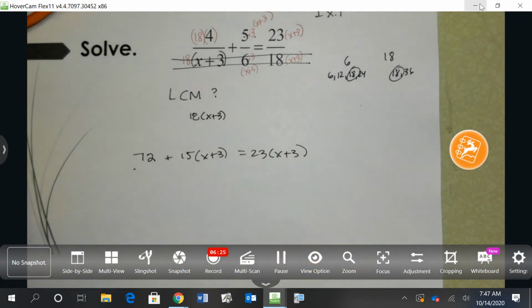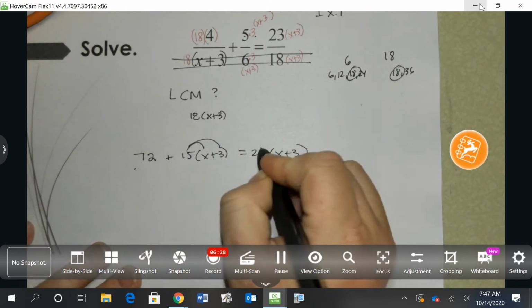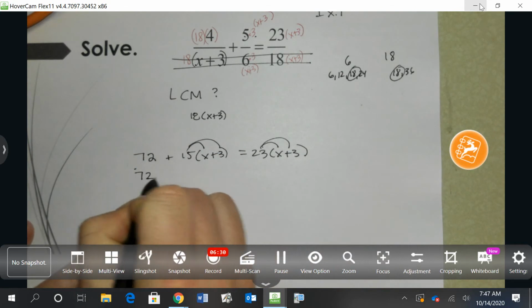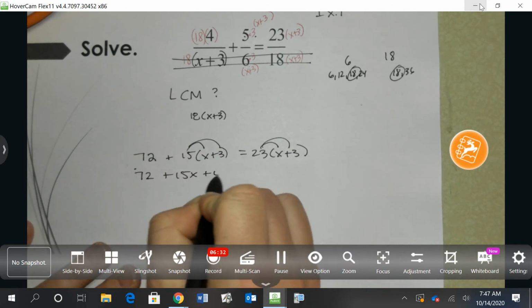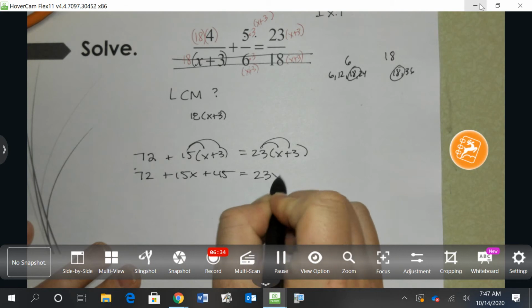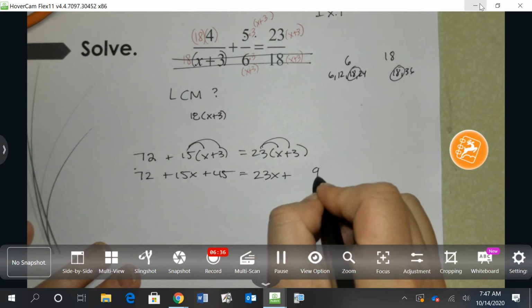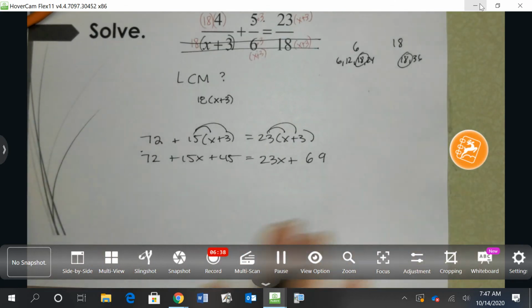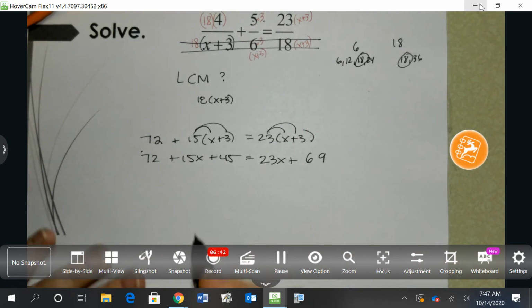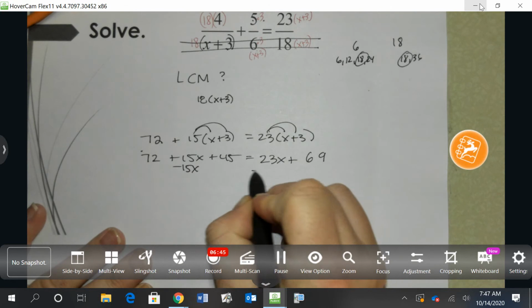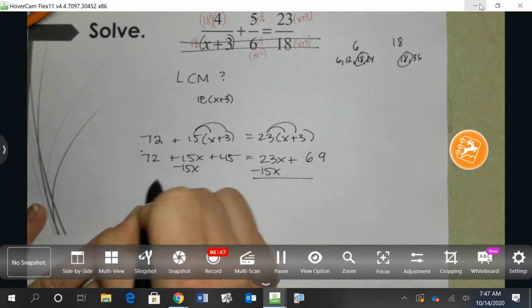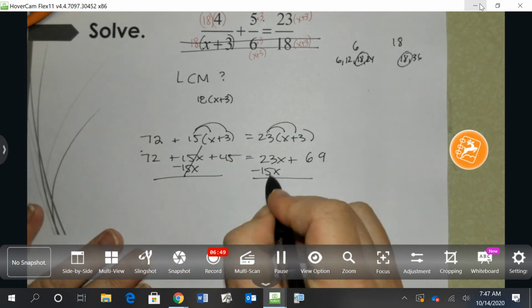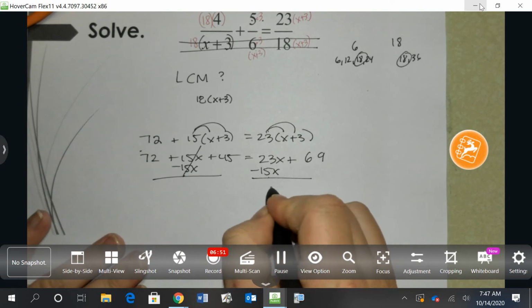We're going to start by distributing: 72 plus 15x plus 45 equals 23x plus 9 plus 69. I'm going to move the x's to one side and the constants to the other side. What does that give me?